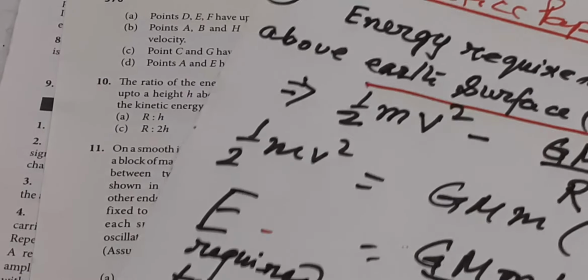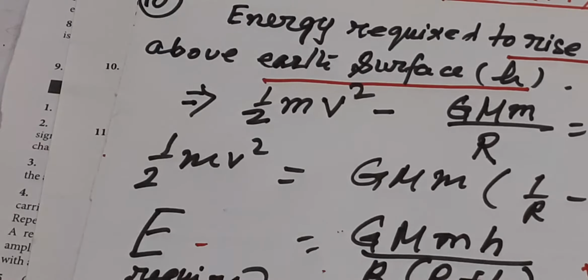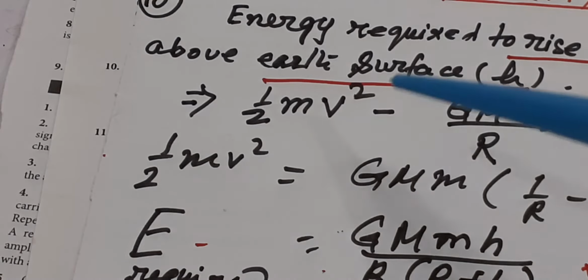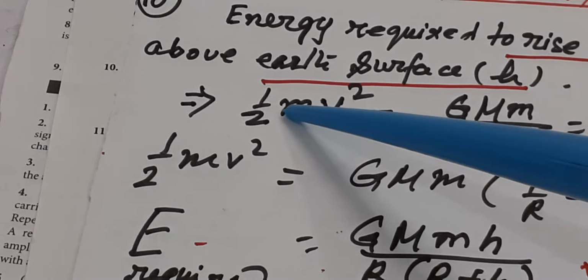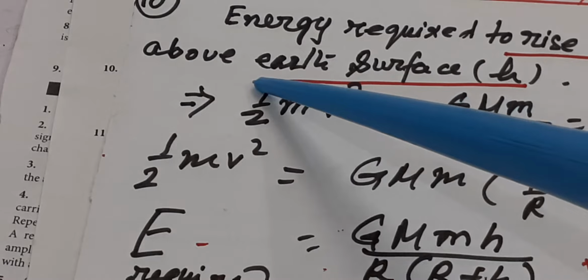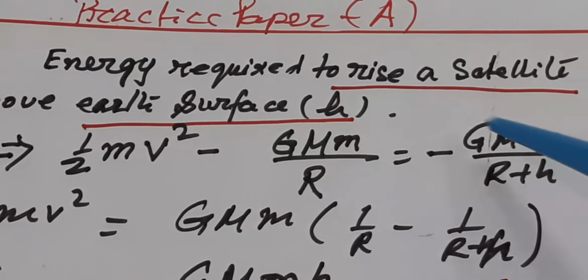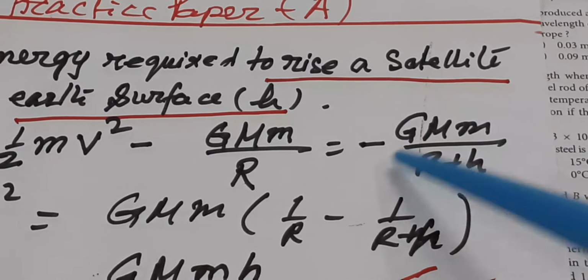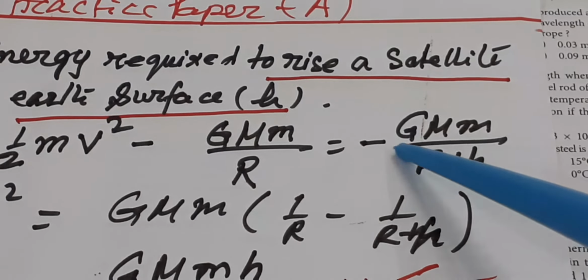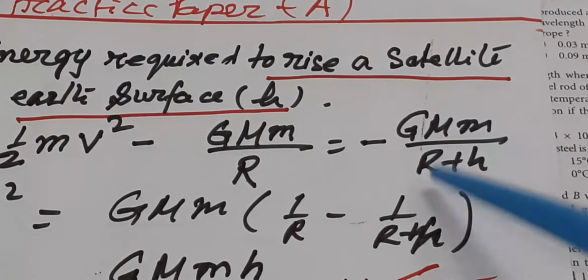Now when it is on the earth's surface, it has only potential energy, minus GMm by R. It has to be given kinetic energy to lift up. Say it has gone up h height. Then it will have energy minus GMm by (R plus h). That is the minimum requirement.